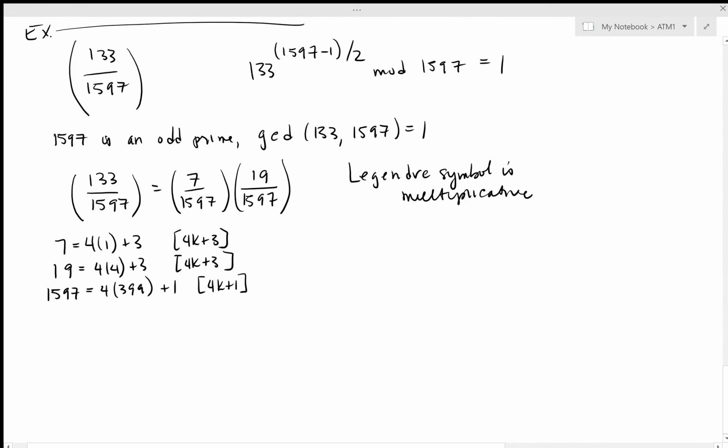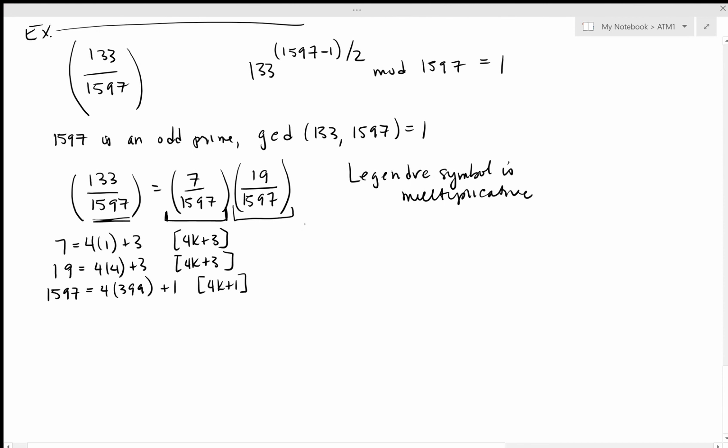I've turned the problem of finding the Legendre symbol for this into the product of two Legendre symbols. Now I've looked at the types of the primes, and now I'm going to be thinking first of this first Legendre symbol.